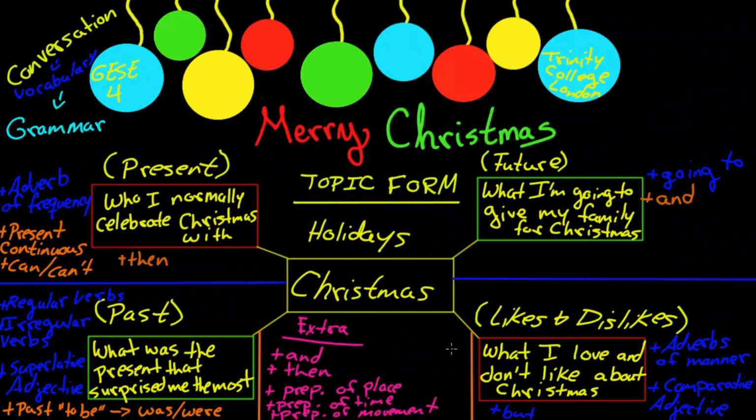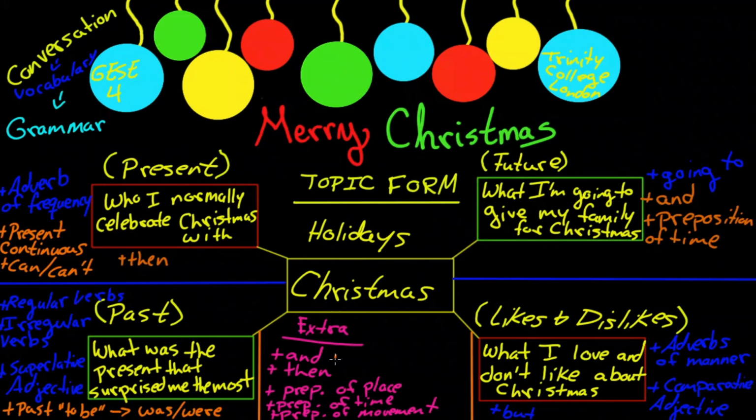Let's see where we can add it. When I'm going to give my family for Christmas. Look, we can put prepositions of time here. It would work really nicely because we get to say at Christmas, and at is a preposition. So, preposition of time.